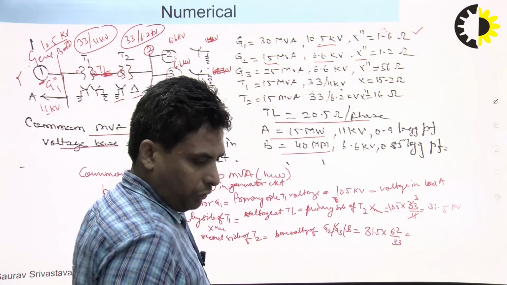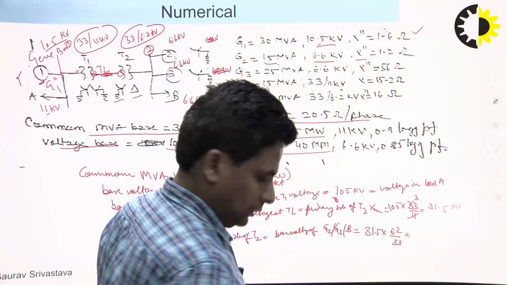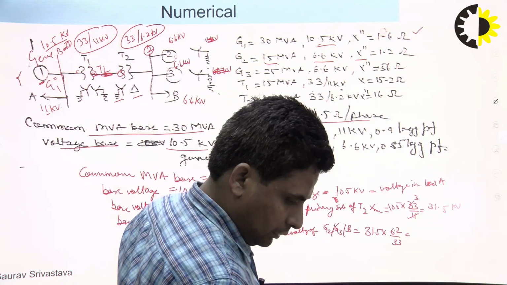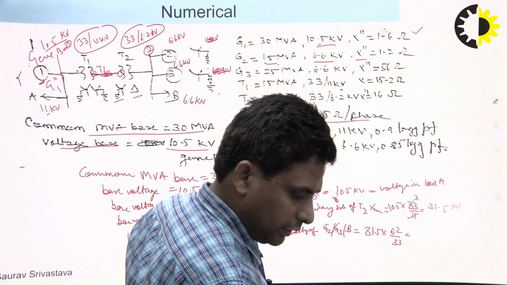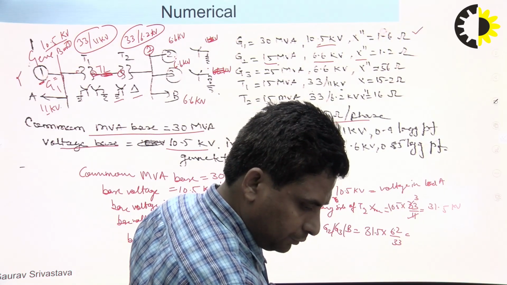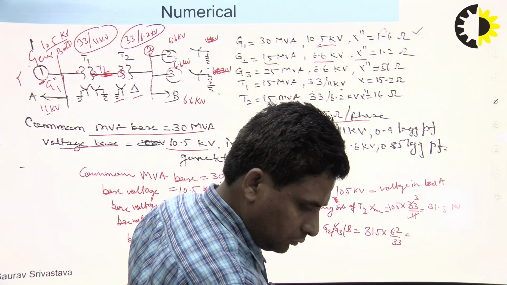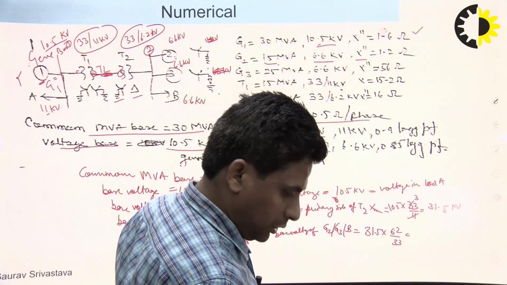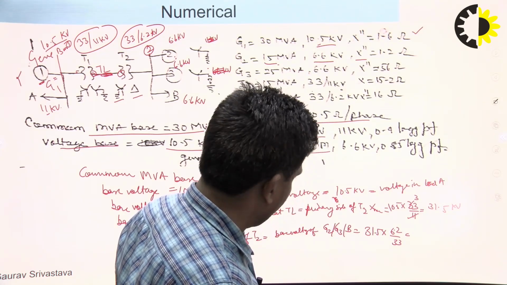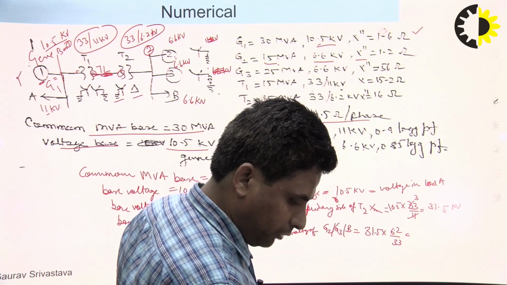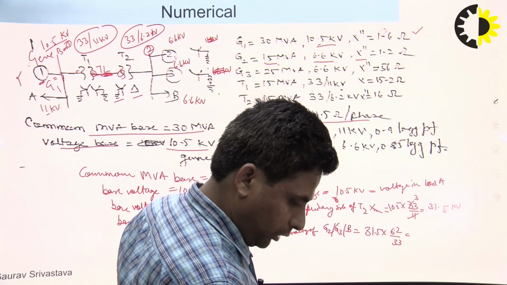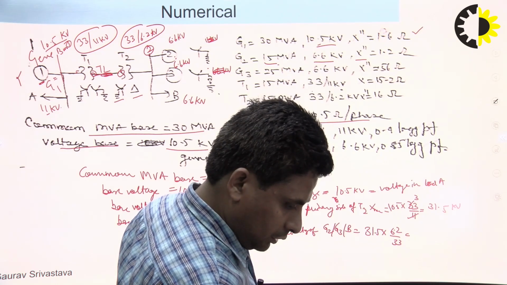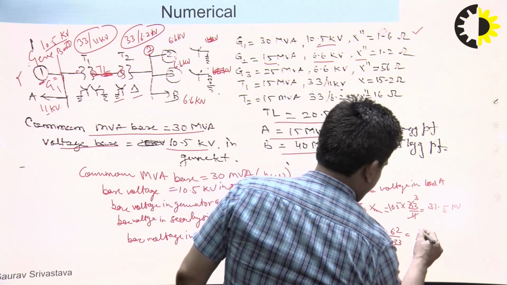So here we can simply calculate it. We have to practice calculation using the calculator: 31.5 into 6.2 divided by 33. The voltage is 5.91.